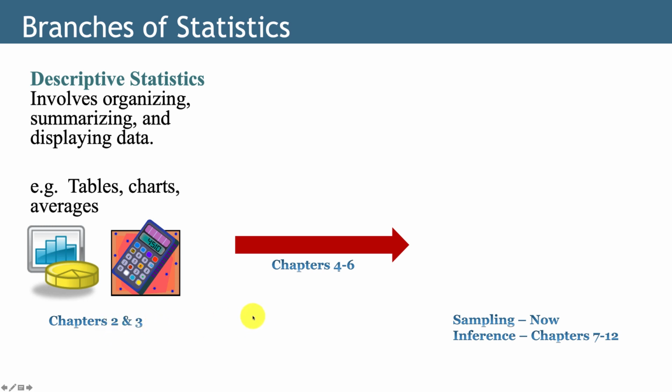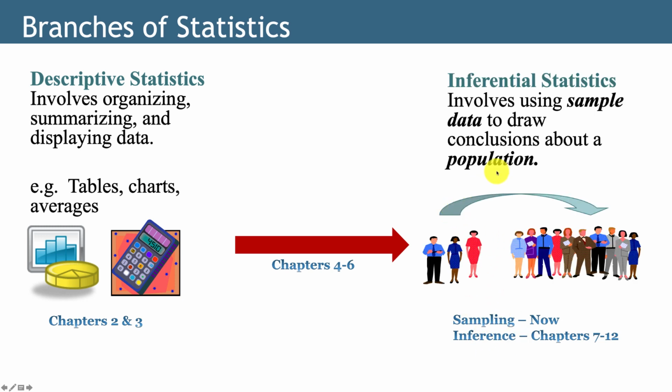Now, later on, we are going to use inferencing, and that is the other part of statistics, so inferential statistics. That's when you take a sample, and then based upon that sample, you describe the sample and get some summaries and whatnot. And you're going to use that information to then infer or make an educated guess about the entire population.